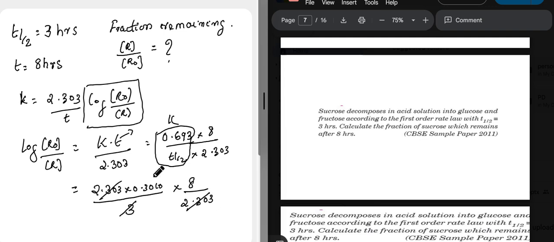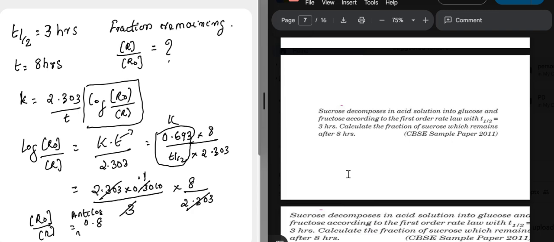Now this one is 0.3, so we can take it as 0.1, right? This part you approximate. Okay, 0.3 by 3 we can take it as 0.1. So 0.1 into 8 is 0.8. So log R0 by R will become 0.8, so R0 by R alone will become anti-log of 0.8.